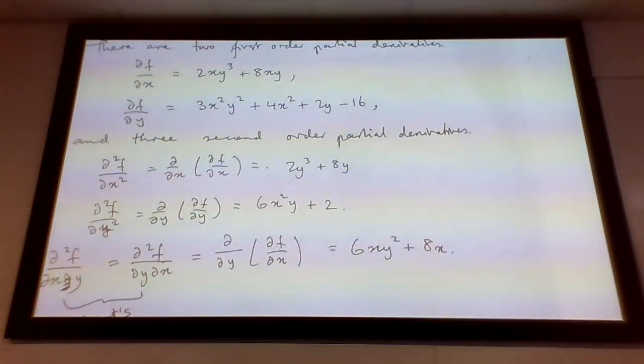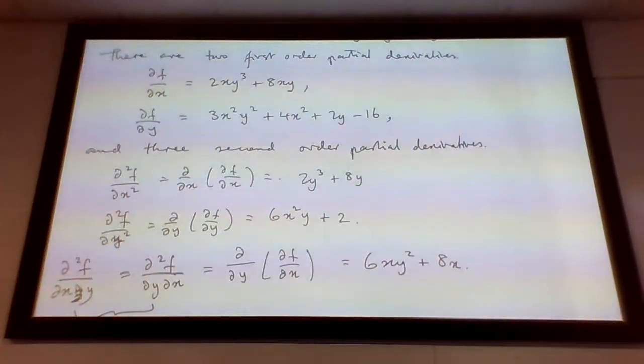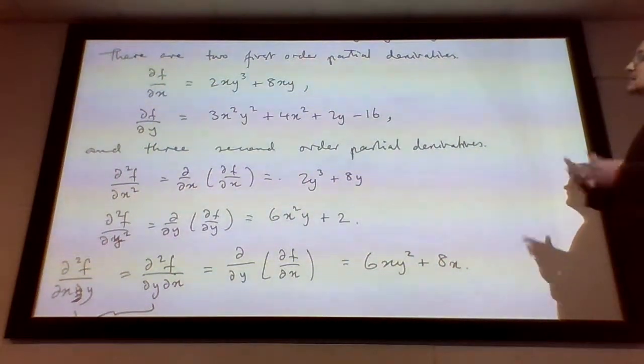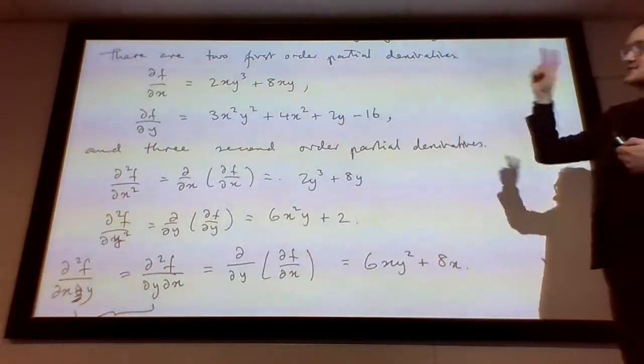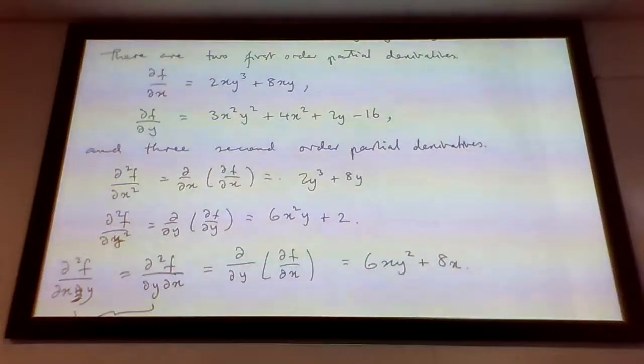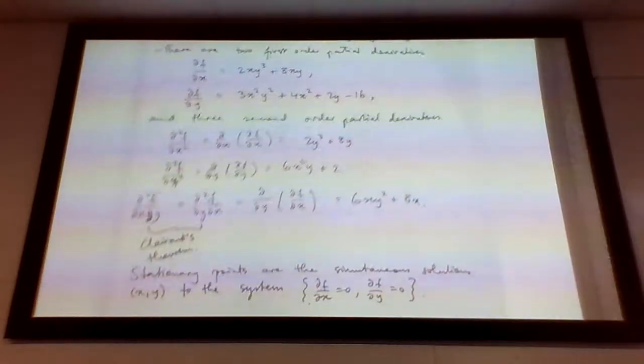But what you have to choose is which one looks like a good one to solve first. Generally you're looking for the simpler one to solve first. Now it's clear which one is simpler. The df dx is only 2 terms, the df dy is 4 terms. I'd much rather solve a thing with 2 terms in it than a thing with 4 terms. It may not work out that way on the page, but that's at least what you would try first.